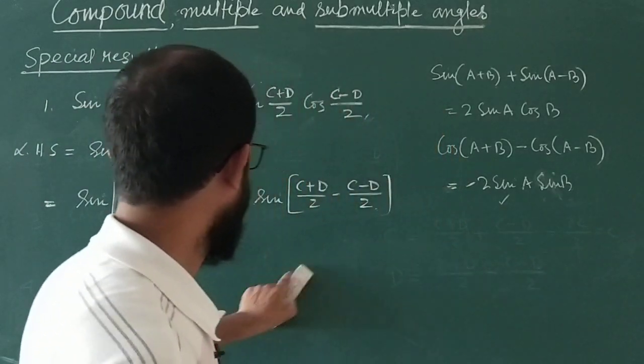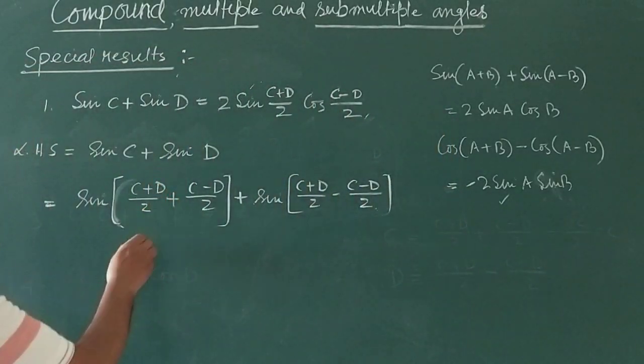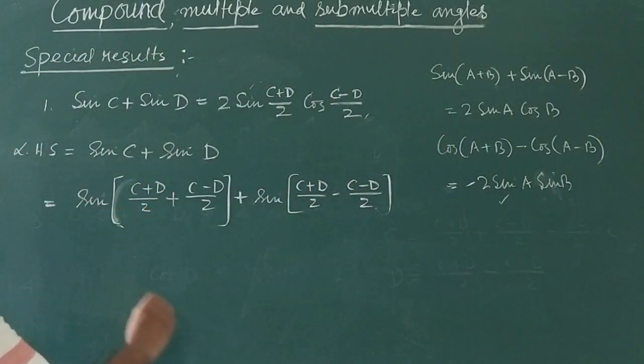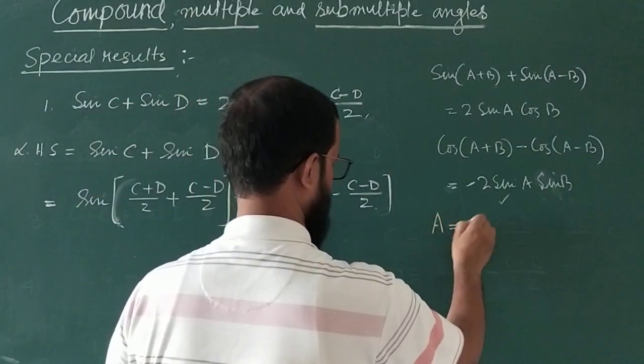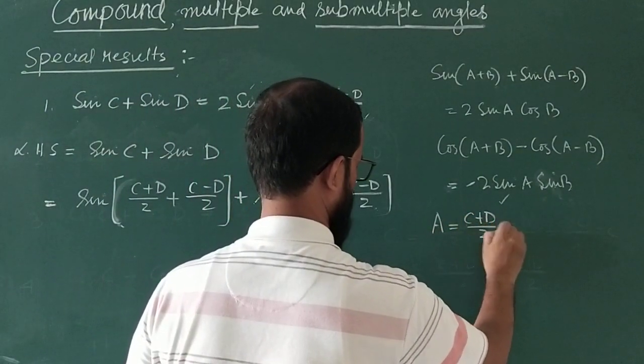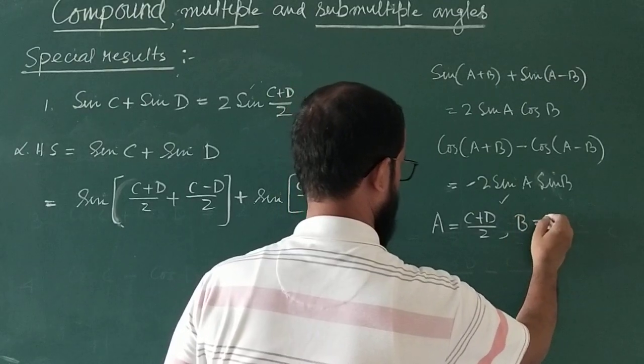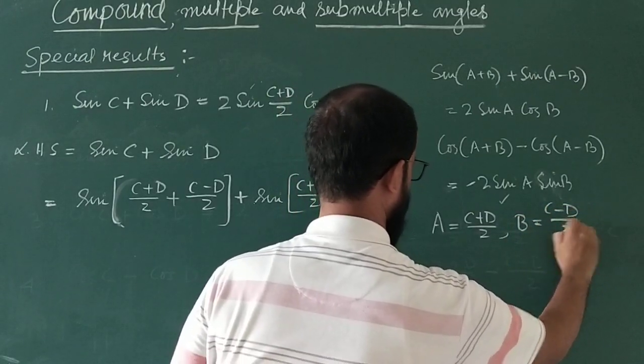Now suppose this angle is equal to A. Suppose A equals (C+D)/2, and B equals (C−D)/2. We suppose that.